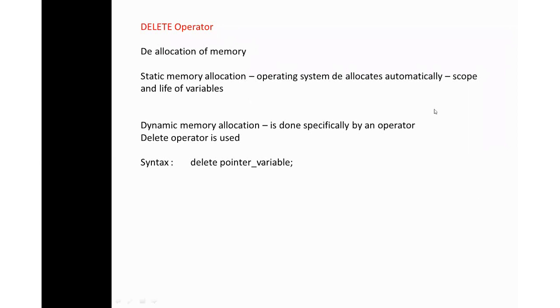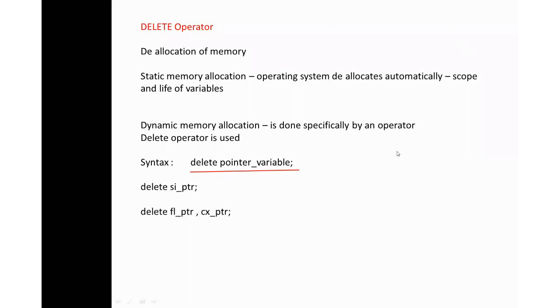The syntax here is delete pointer variable. You have to write it only in small letters. Please be careful, everything is to be written only in small letters. As an example, in the next statement, delete si underscore ptr.